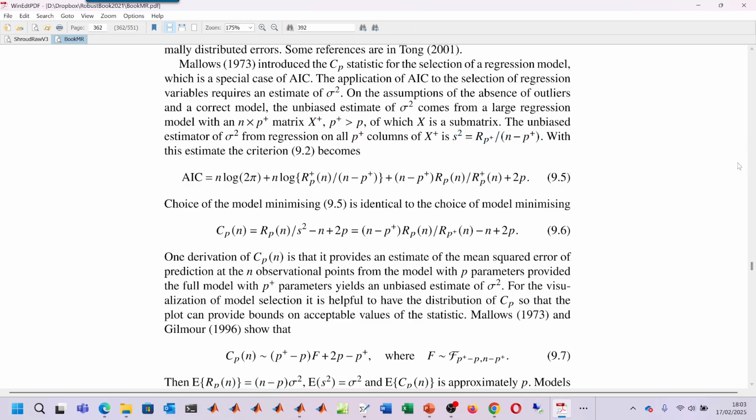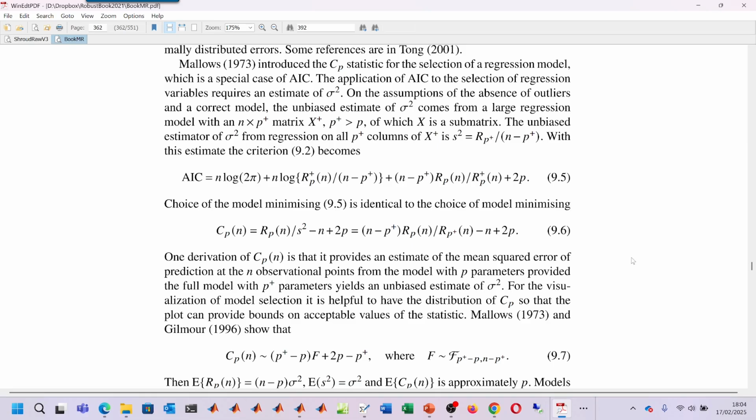The idea of Mallows' Cp is to penalize the residual sum of squares of the particular model that we're interested in, with p parameters, by a function of the number of parameters in that model. As the number of parameters in the model increases, the residual sum of squares decreases. But this can lead to overfitting, in which the predictions from the fitted model are highly influenced by unimportant random fluctuations in the data.